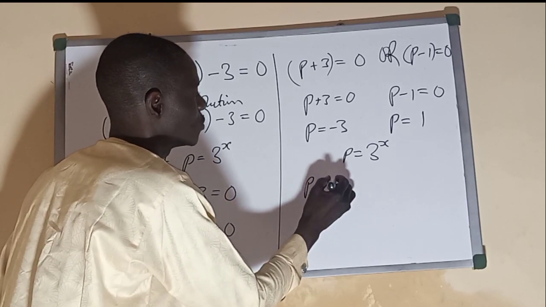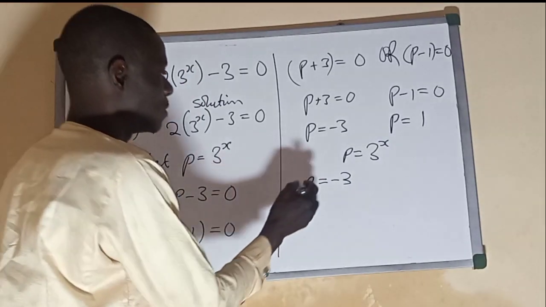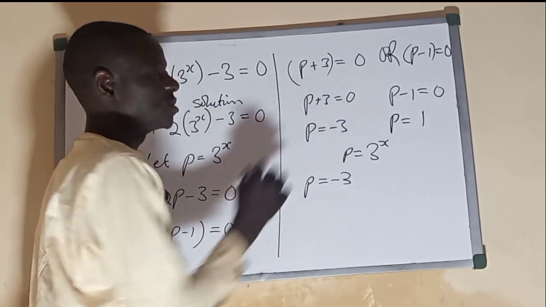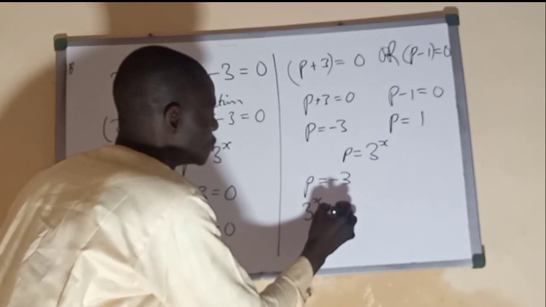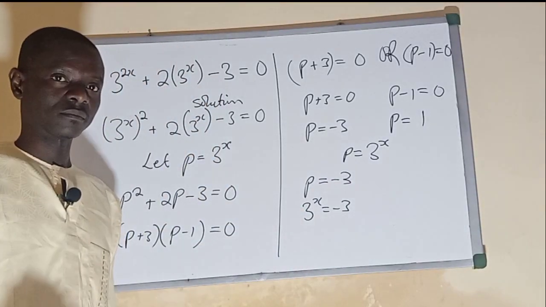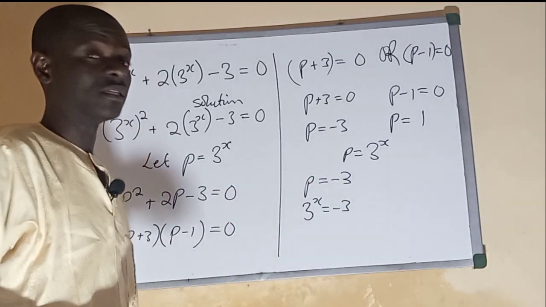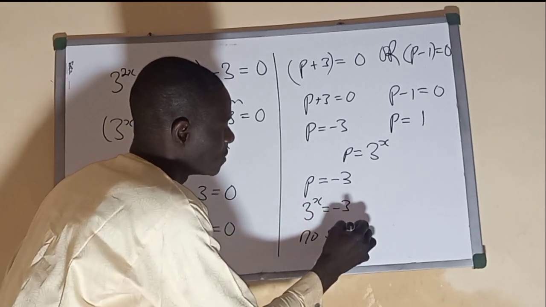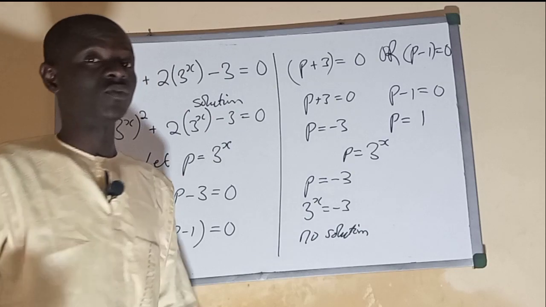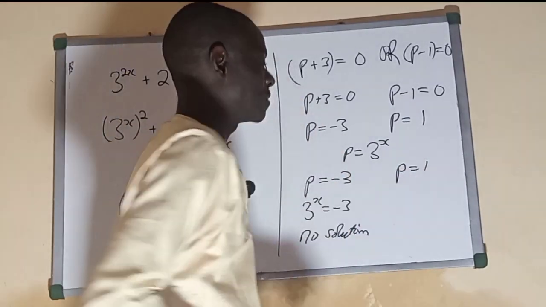Now, where we have phi, we change it with 3^x. So we have 3^x equals minus 3. When you look at it, 3^x equals minus 3, so there is no solution to this one. We have no solution.